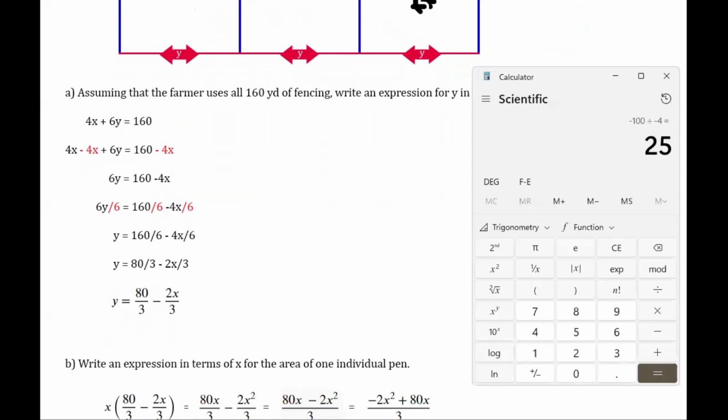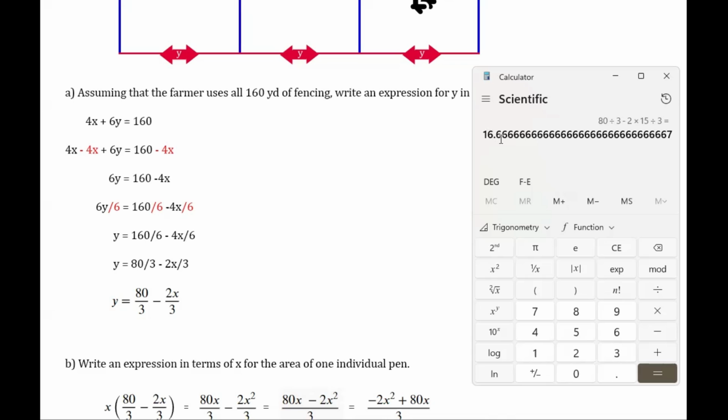Let's grab the calculator here. Let's try plugging in the 15 first, because that was the first one I found. So if I do 80 over 3 minus 2 times 15 over 3, I get 16 and 2/3.